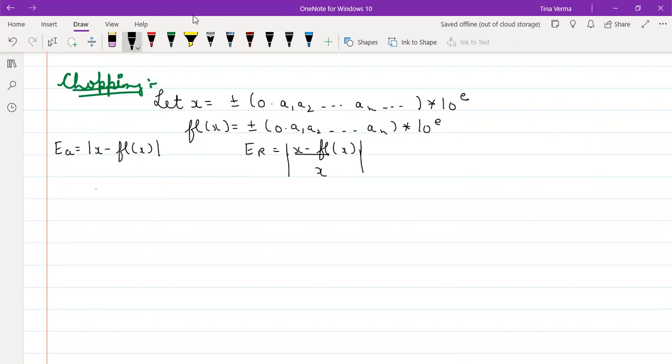So when we consider x is my number, plus or minus 0.a1 a2 ... an, the further digits can be an plus 1 and so on, times 10 raised to the power e. And your FLX, can I write this number like this?